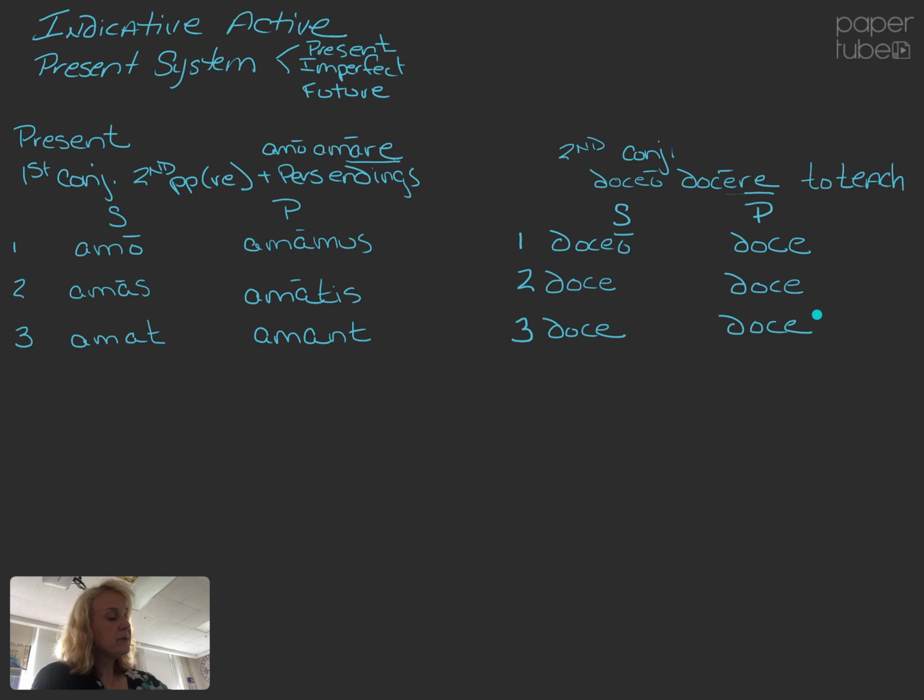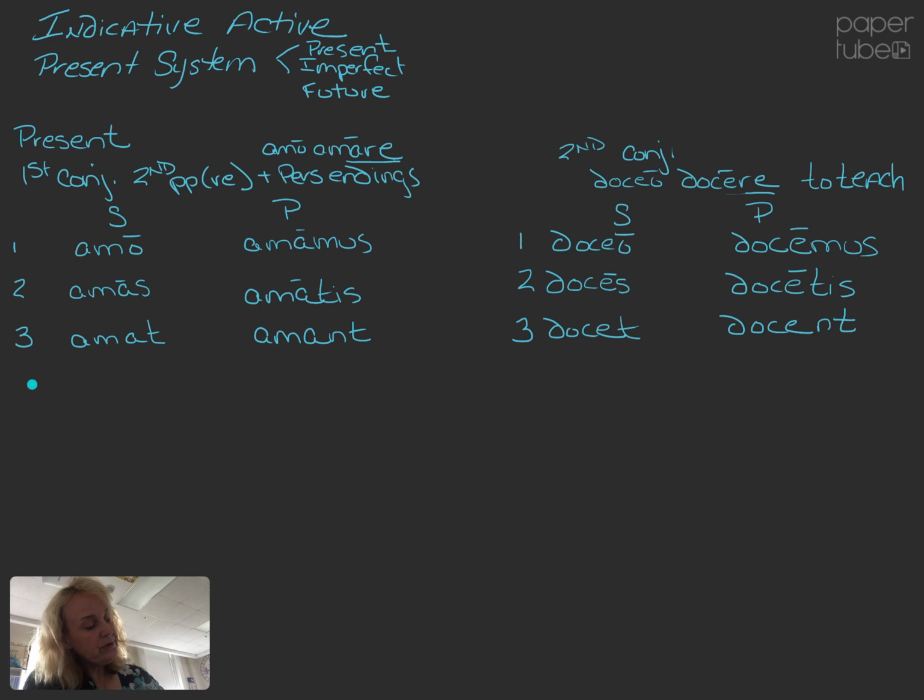I then add my personal endings. I have my O, S, T, mus, tis, and nt. I'm going to add long marks to all but the third. Doceo, doces, docet, docemus, docetis, docent, to teach.